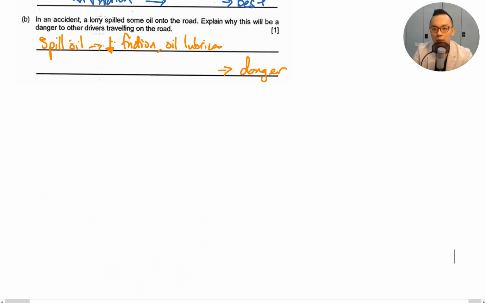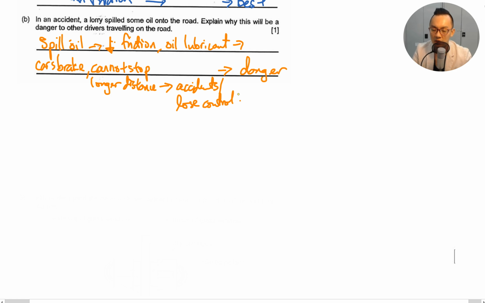So what if there's a reduction in friction when the cars brake? They cannot stop, or take a longer distance to stop, and therefore they will have accidents, or they will lose control of the vehicle, and therefore this is dangerous to other drivers traveling on the road.